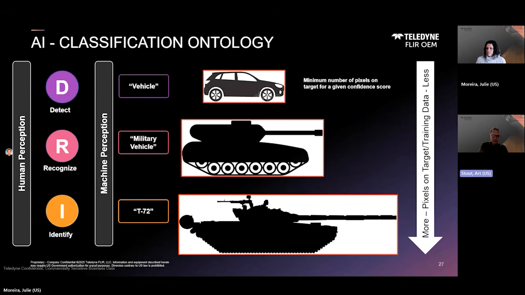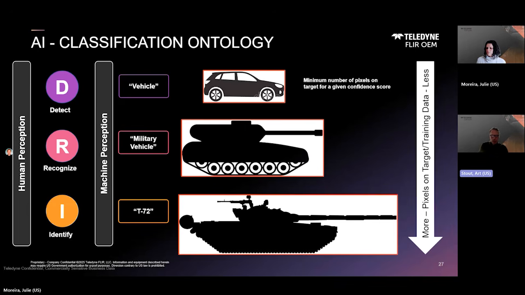As Julie had talked about DRI, the same sort of approach can be applied to machine learning or AI, where a generalized object detector can do a detection. So with the minimum amount of targets, it can make a class distinction of car, truck, ship, person, that type of thing.